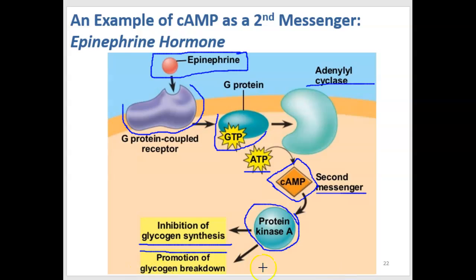So when it promotes the breakdown of glycogen, you get an increase in glucose. And we know that, like with the sympathetic neural response, we need extra glucose around to help prepare the body for fight or flight. So that's what the epinephrine hormone does as well.